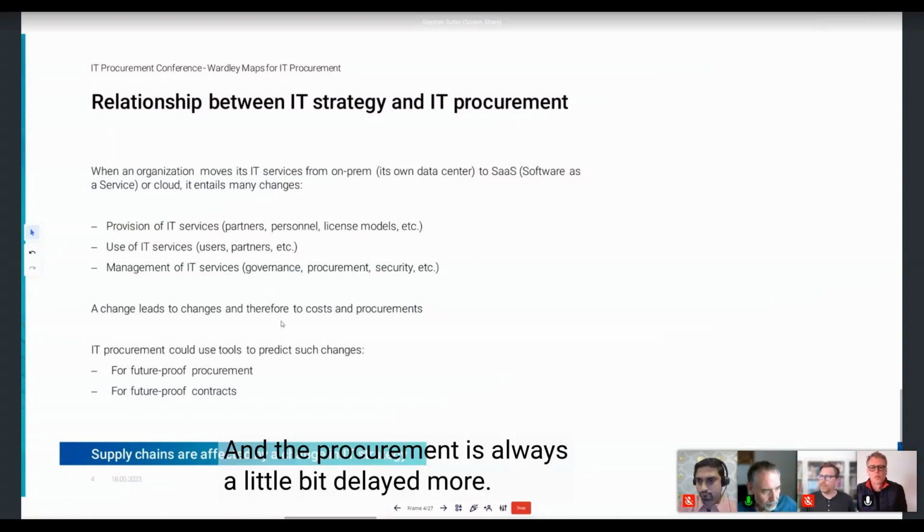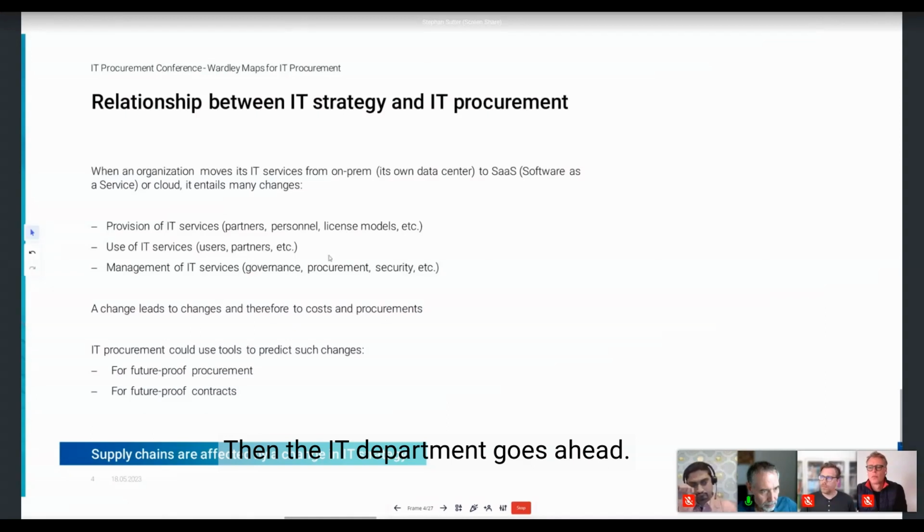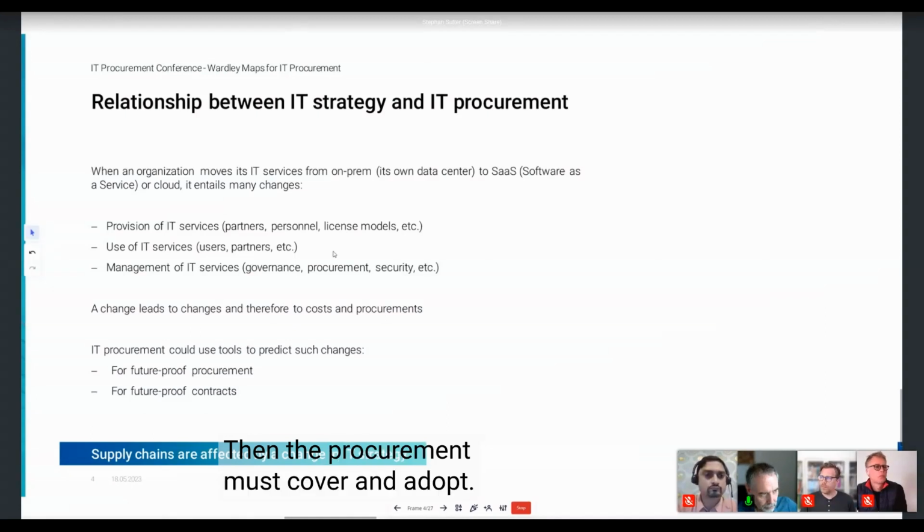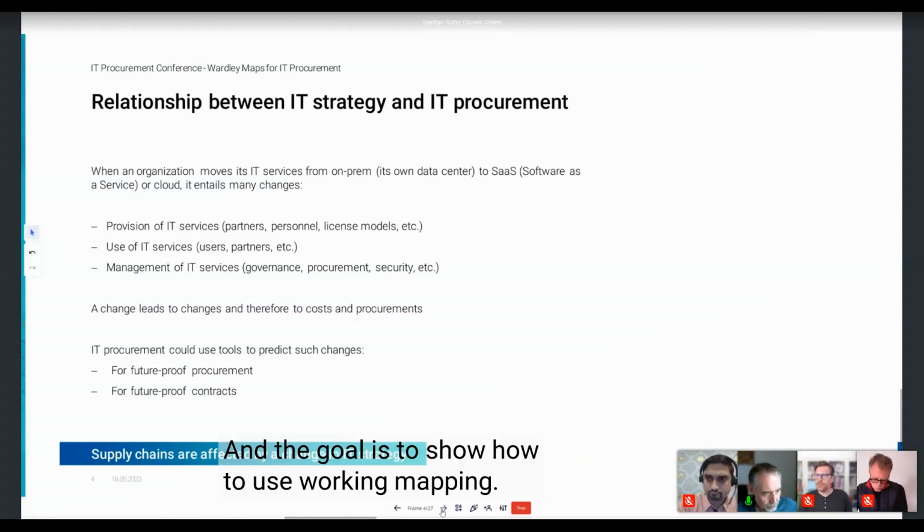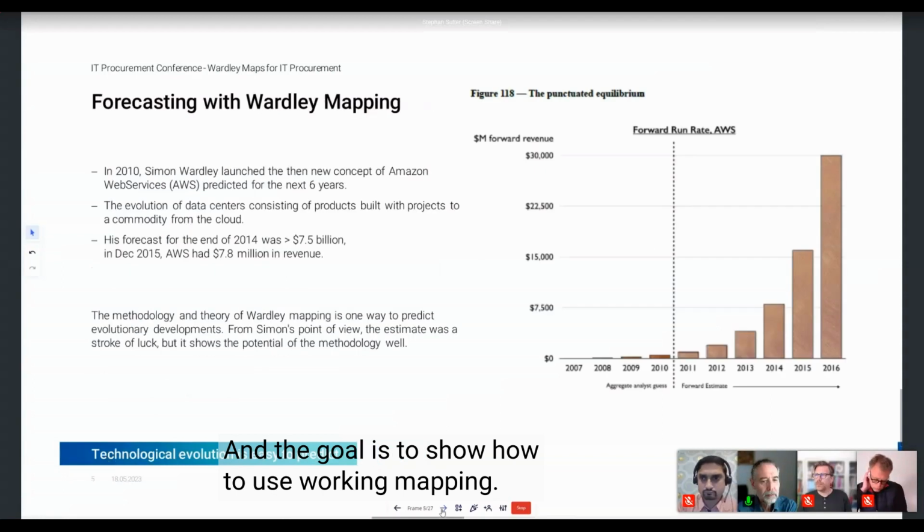And the procurement is always a little bit delayed. The more the IT department goes ahead, the more the procurement must cover and adapt. And the goal is to show how to use Wardley mapping.